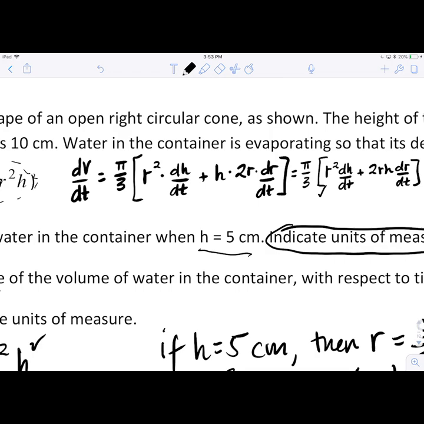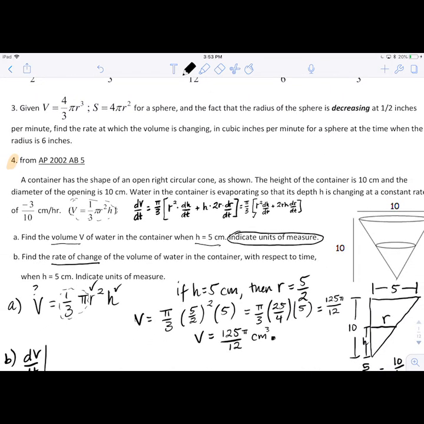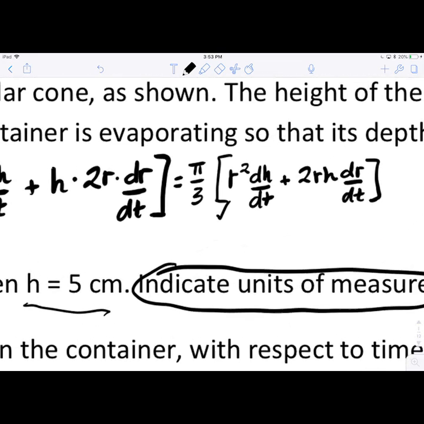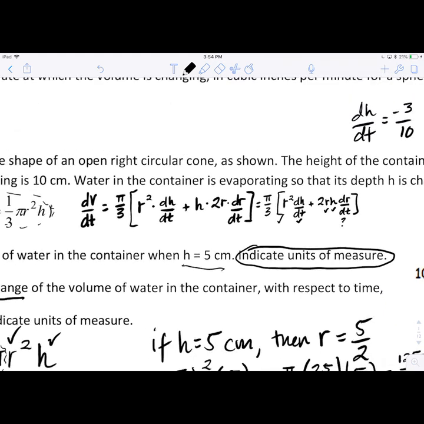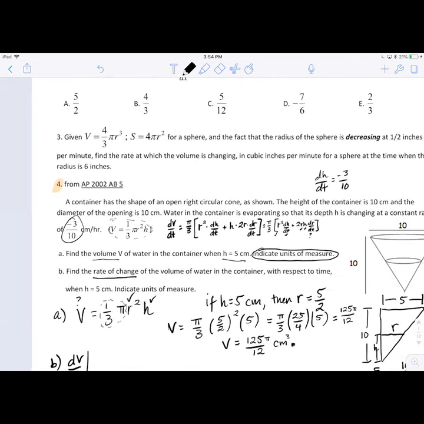I know dh/dt, because it's given to me in the problem, is negative 3 over 10. And so I know r, I know h. I don't know dr/dt. So that's problematic because I need dV/dt, but I don't know what dr/dt is.